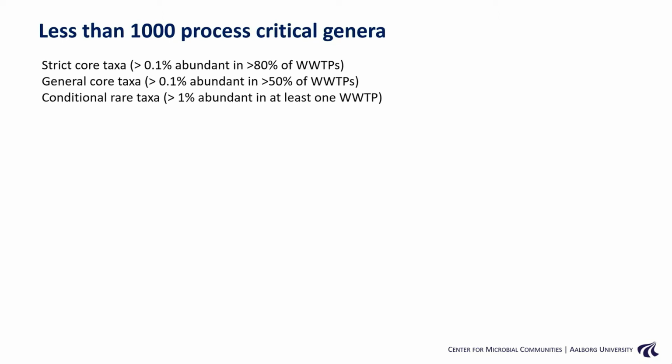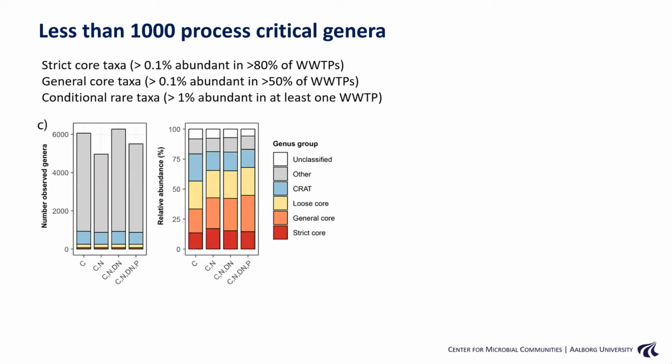We have something we call the strict core taxa, which are bacteria that are more than 0.1% abundant in more than 80% of the wastewater treatment plants. Then we have the general core, which is more than 0.1% abundant in more than 50% of wastewater treatment plants. And then we have conditional rare bacteria, which are more than 1% abundant in at least one wastewater treatment plant.